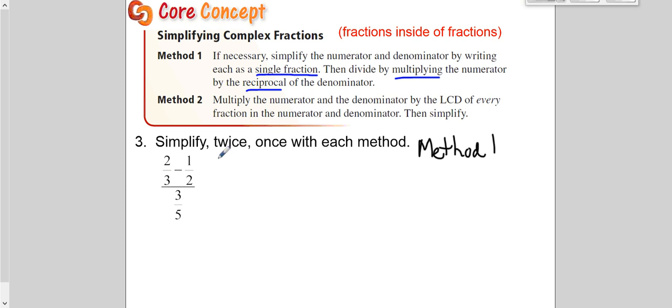Let's get that top 2 fractions into one fraction. So what's a common denominator with 3 and 2? 6. So to turn this into a 6, we have to multiply by 2 over 2. To turn this into a 6, we're going to multiply by 3 over 3.